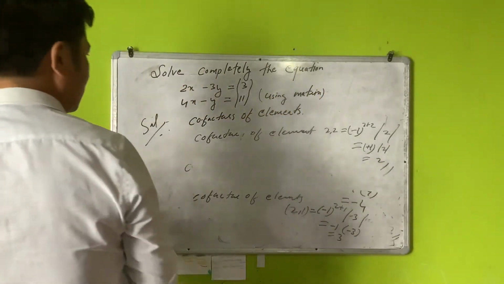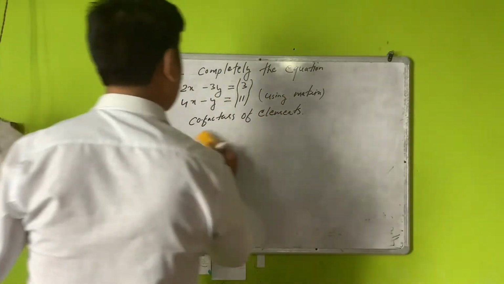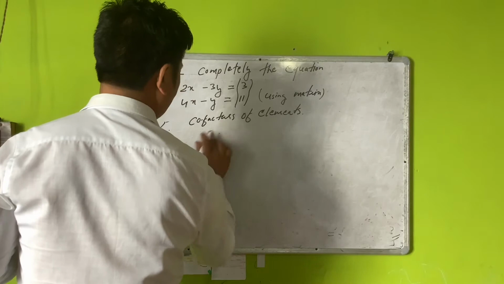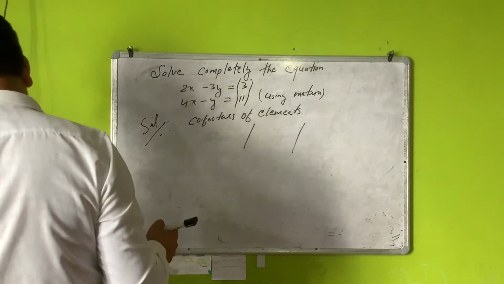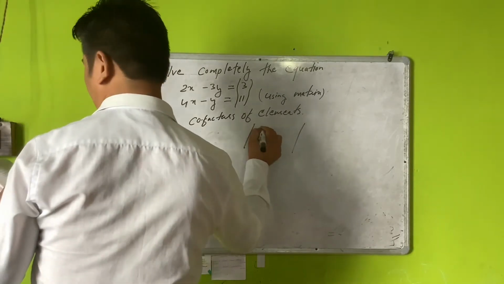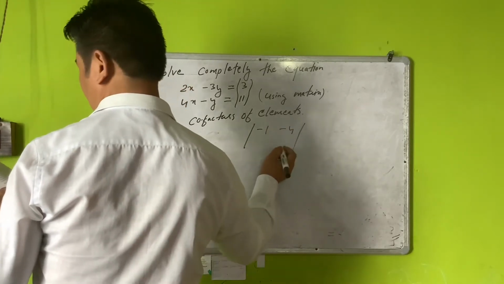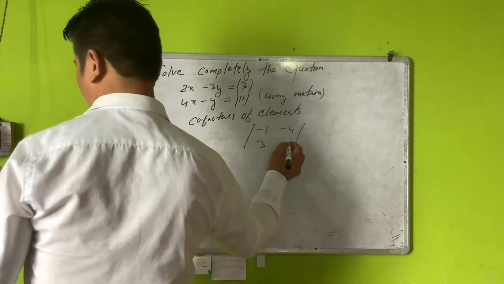So you got all the cofactors of the elements, right? The cofactors of the elements are -1, -4, 3 and 2.